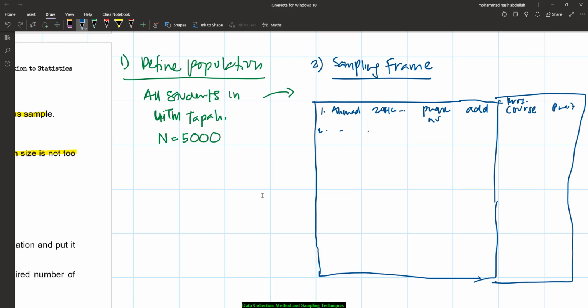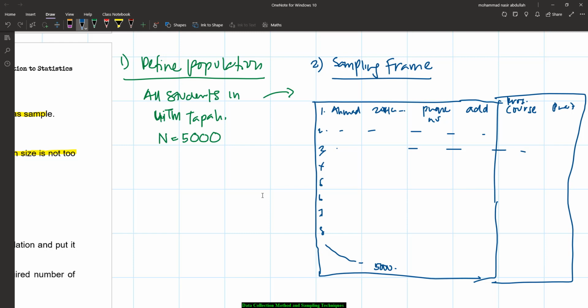Number 2 is the same thing, then 3, 4, 5, 6, 7, 8 until 5000. So this list of all members in the population, consisting of their information, is known as the sampling frame.